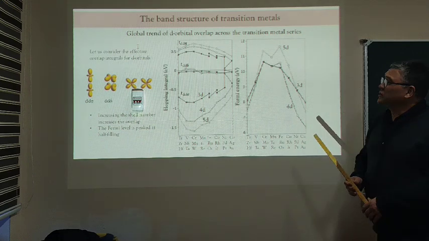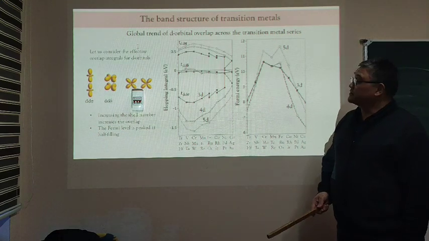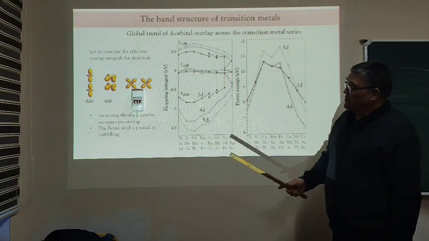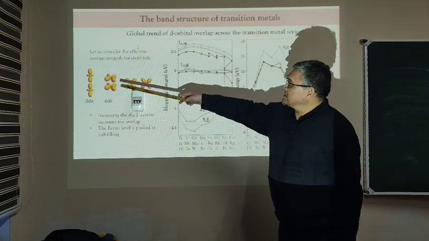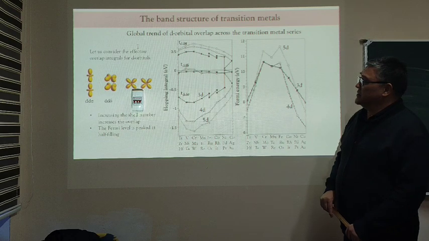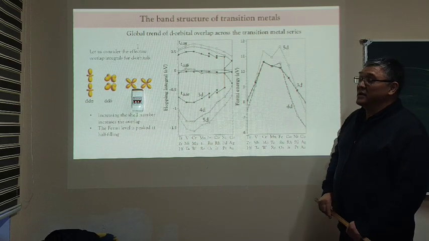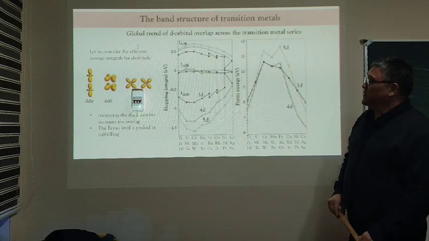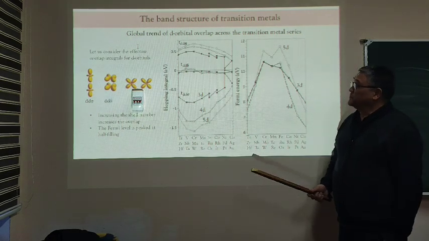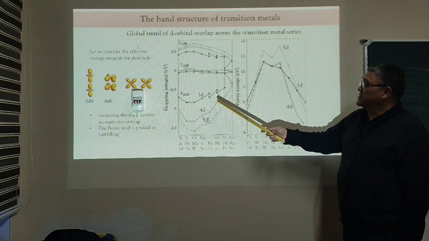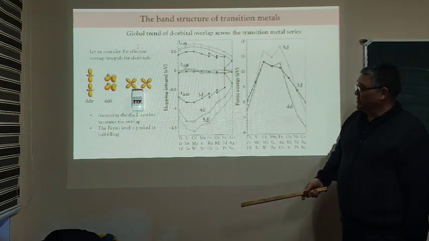With this in mind, we can now concentrate on d electrons. For d electrons we consider, as I said, these three overlaps, and we can look at the hopping integrals for the 3d, 4d, and 5d elements.